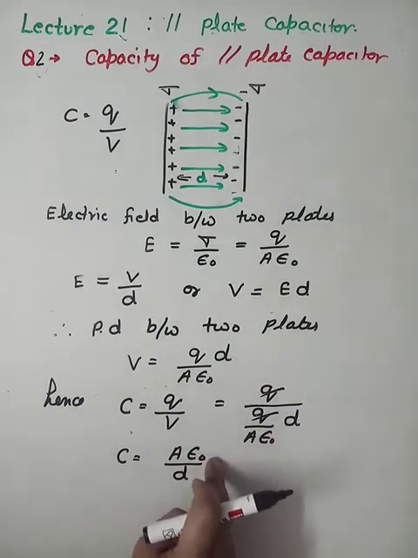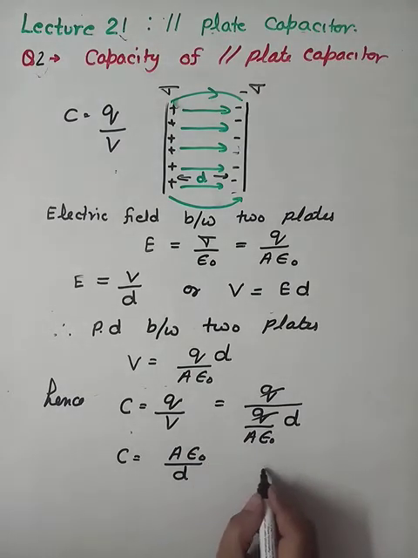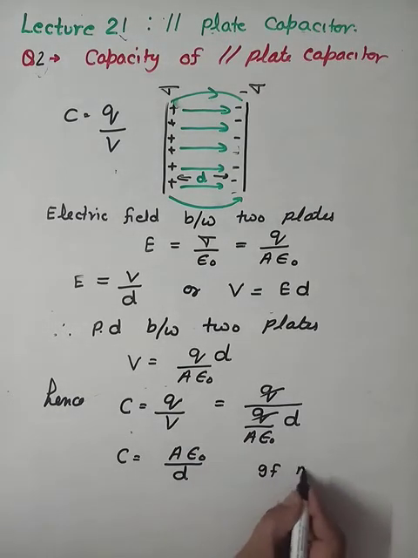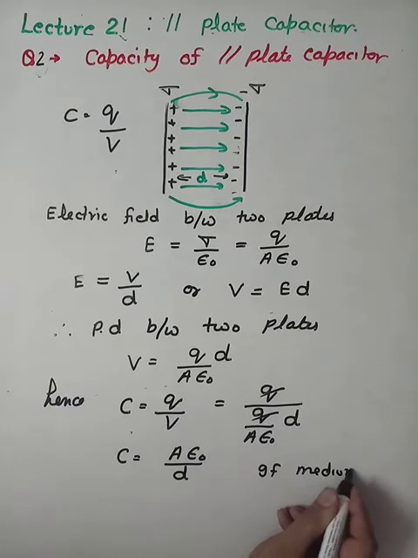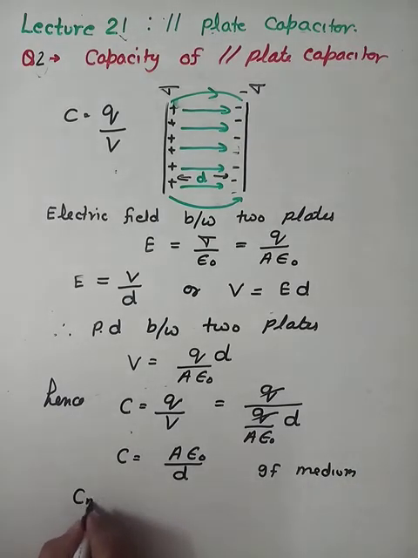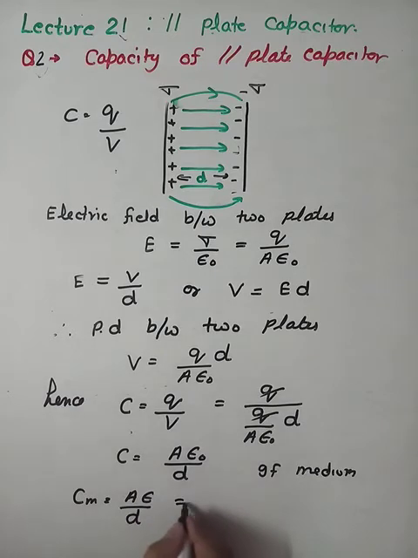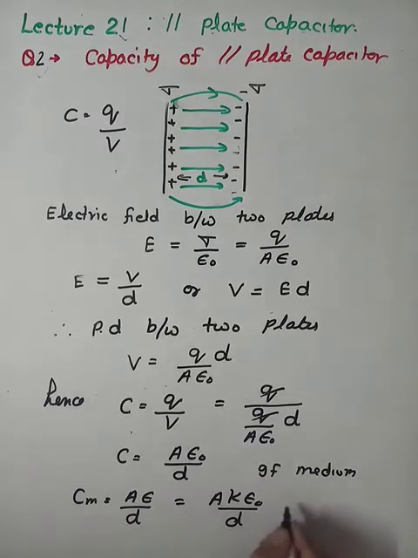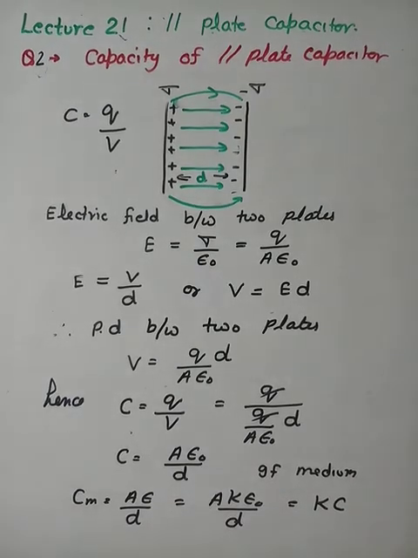In free space, it is epsilon naught. If a medium is there, then C in the medium is A epsilon upon d. What is epsilon? It is K times epsilon naught, so the capacitance is K times C. In this way we can find out the capacity between two plates of a parallel plate capacitor.